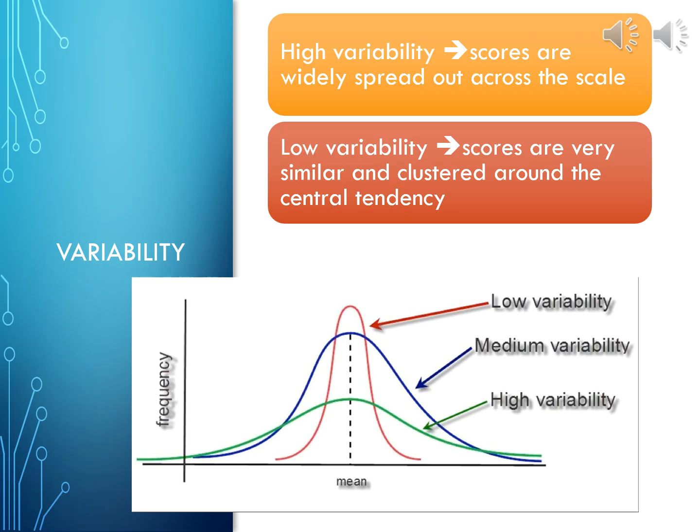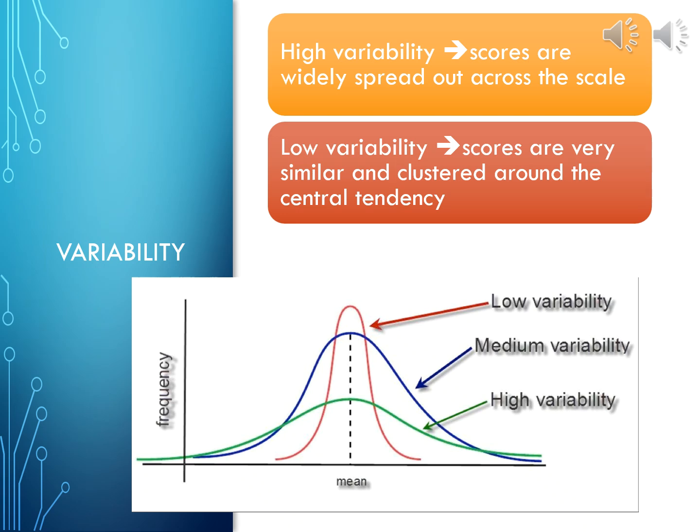So here we have a histogram or a frequency graph with three different overlapping distributions on it, okay? The distribution with the highest variability is going to be the one in green, and you can see it's really spread out and it doesn't have as high of a peak in the middle.